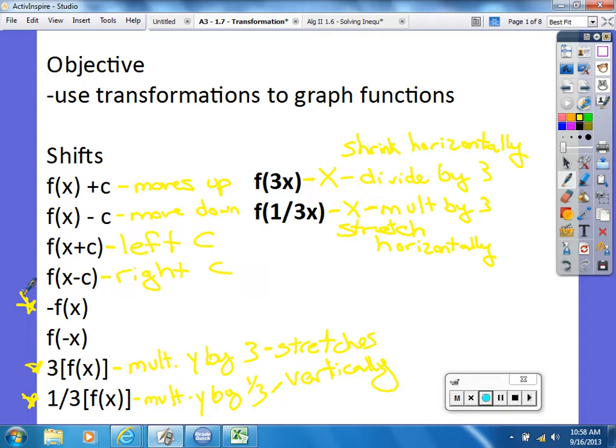Okay, so it flips it over the x. Now, I'm actually going to show you something that will help a little bit more than having to memorize flips over x in just a second. So, if it's on the inside, then it has to flip over the y.